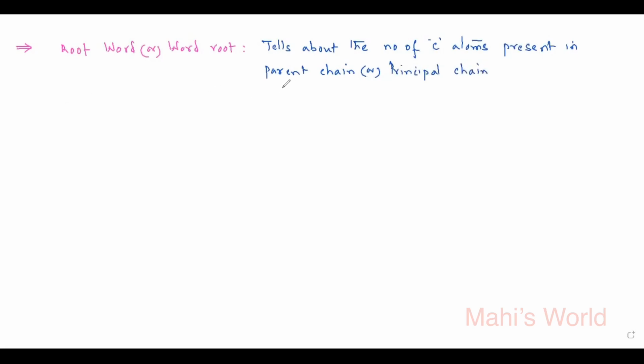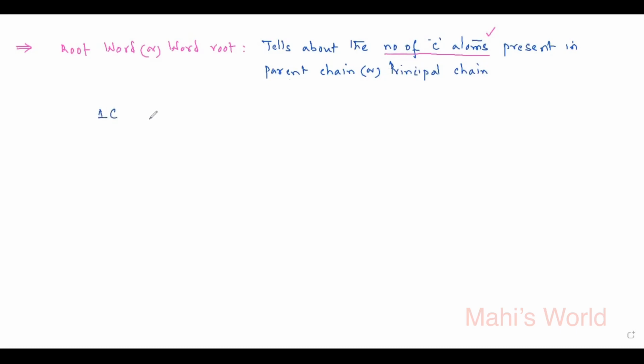It tells us about the number of carbon atoms that are present in the main chain. Let me tell you the different names given when different numbers of carbon atoms are present.